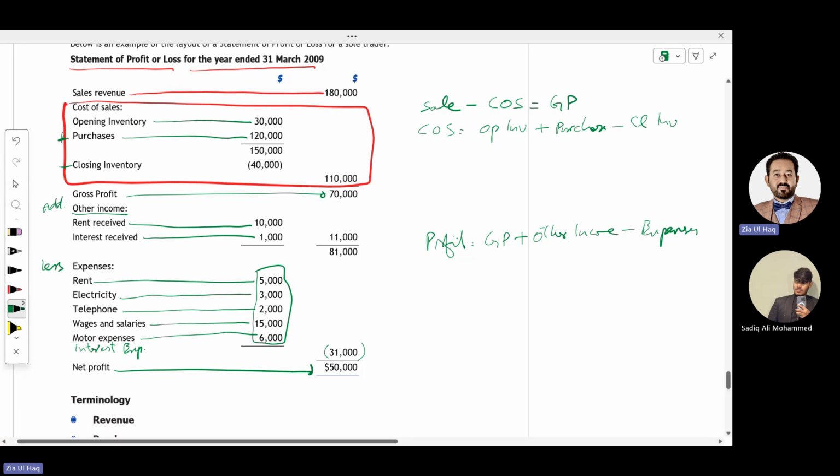We will arrive at profit. This will be called net profit. Sale less cost of sale, we will calculate gross profit. And by deducting expenses and adding income to gross profit, we will calculate net profit.